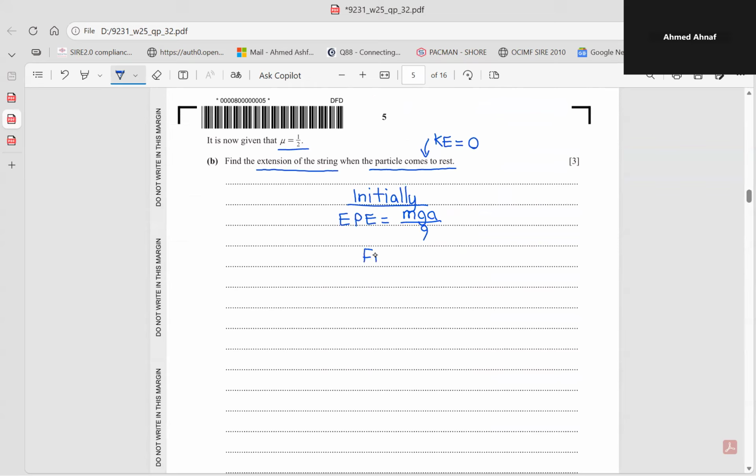And then finally, there's obviously EPE, but we don't know what it is. So for EPE, we're going to use that formula, lambda x squared over 2L.